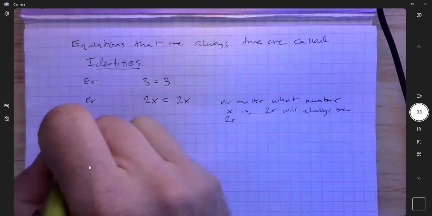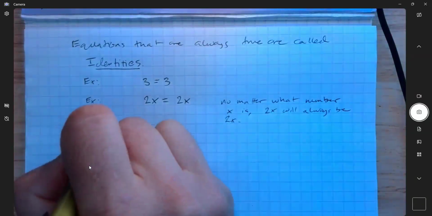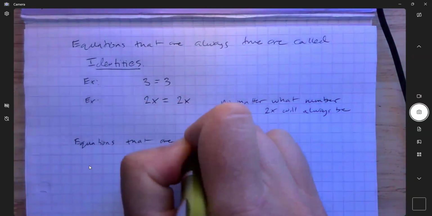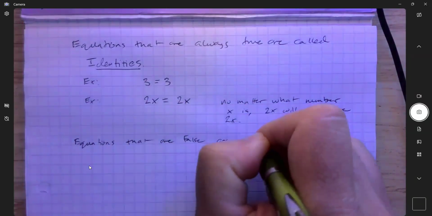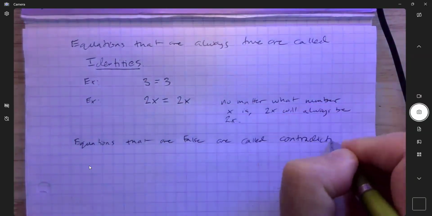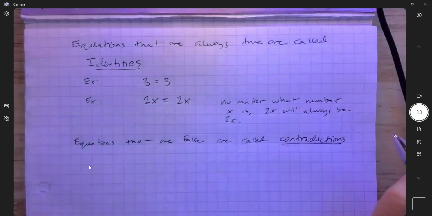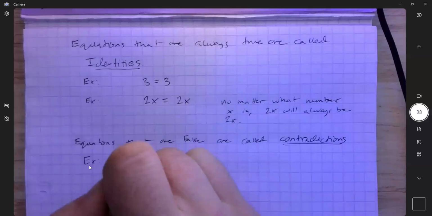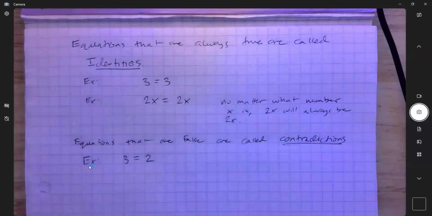Equations that are never true, or equations that are false, are called contradictions. As an example, 3 equals 2. That's false. It's a contradiction.